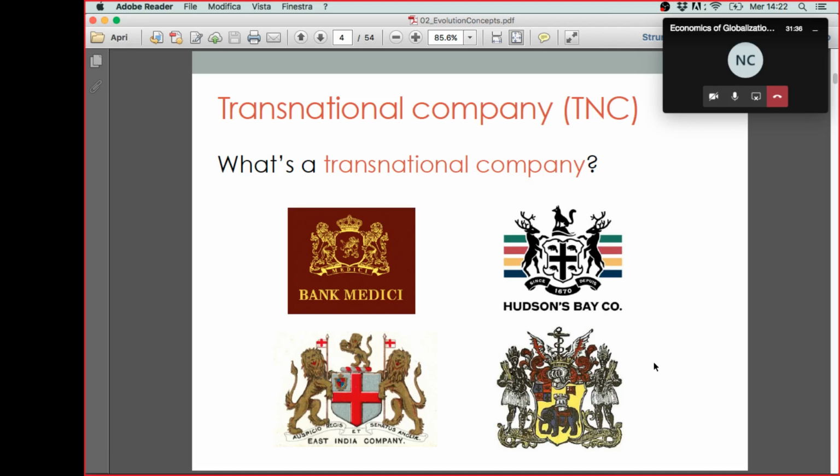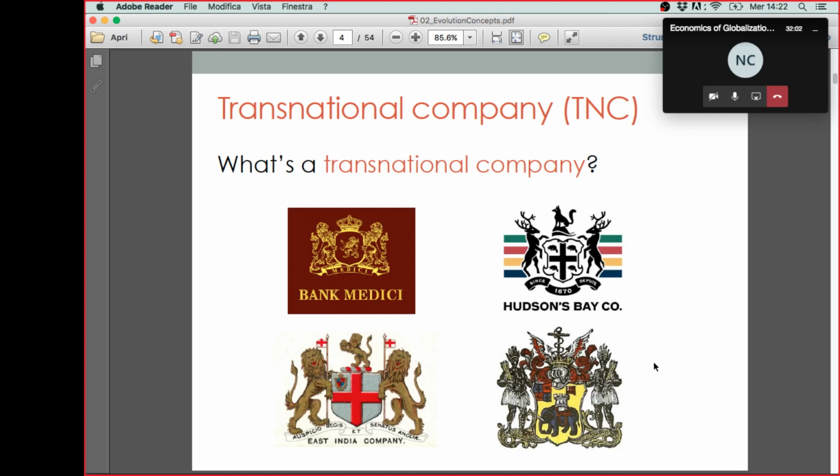Then, of course, there are all the colonial companies. So the Hudson Bay Company, the East India Company, all the companies that belonged to the British Empire, were mainly UK companies.